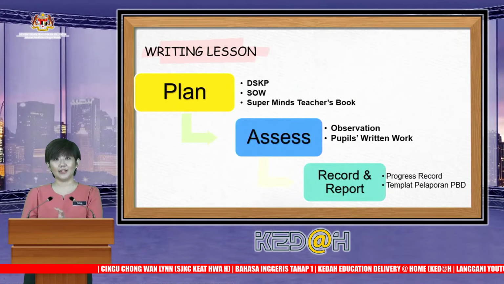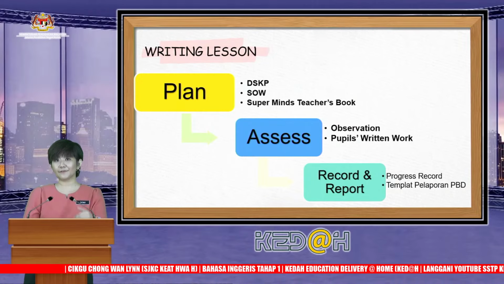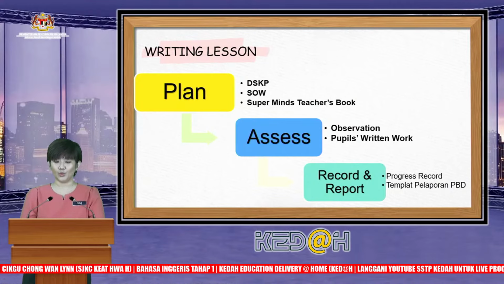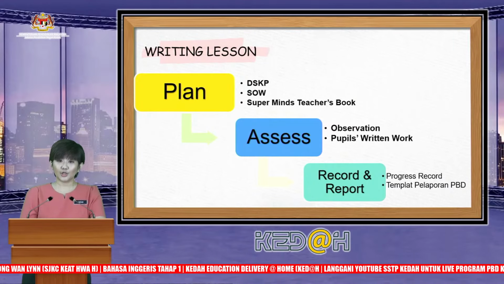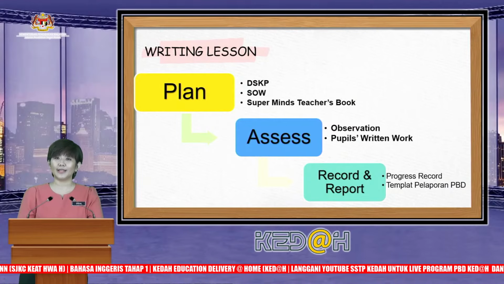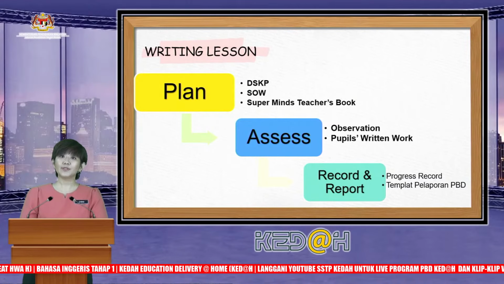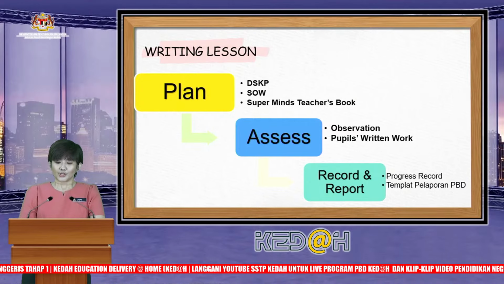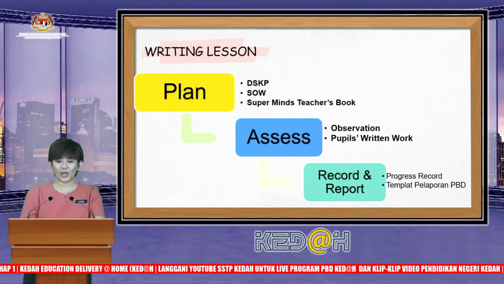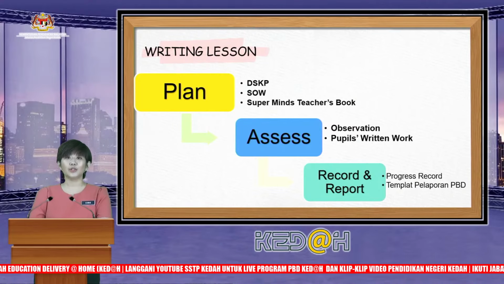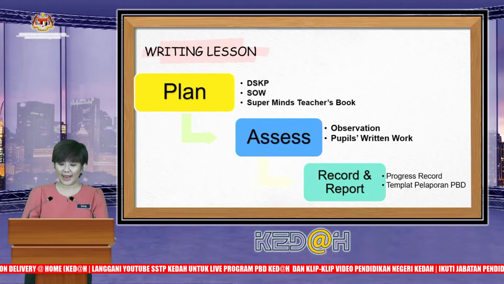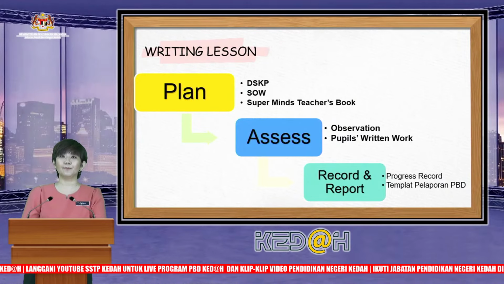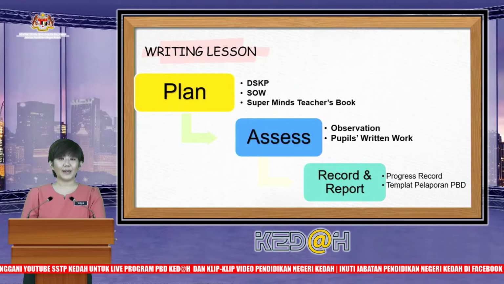Apart from planning the lesson, I would also plan how I assess my pupils throughout the lesson. Today I will be using two methods of assessment, which are observation and the pupils' written work. At the end of this session, I will show you how I would normally record my pupils' progress before reporting their level of performance in the PBD reporting template.